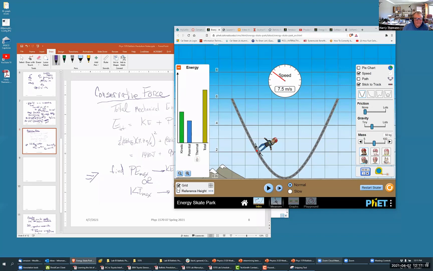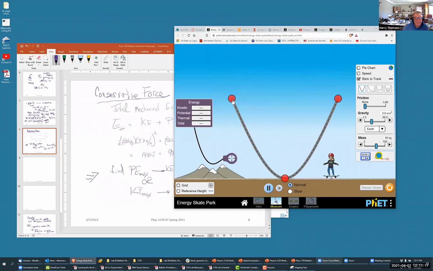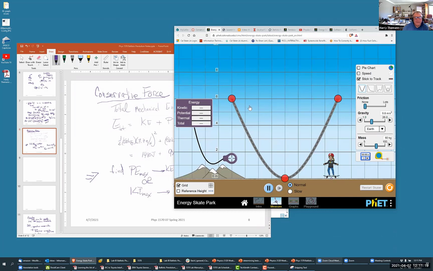Let's get the grid back. Right. If I can make this both here, they're both at 6 meters. So if I put her here, see that? She goes right back up.